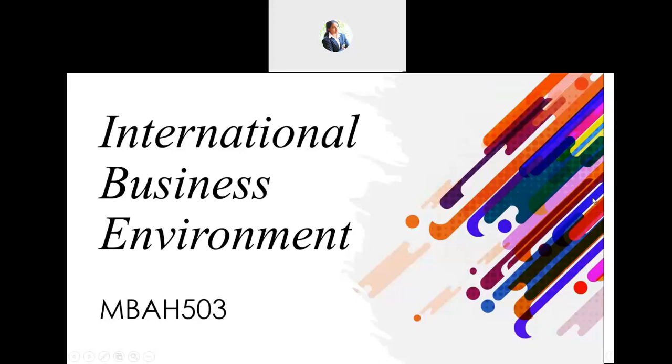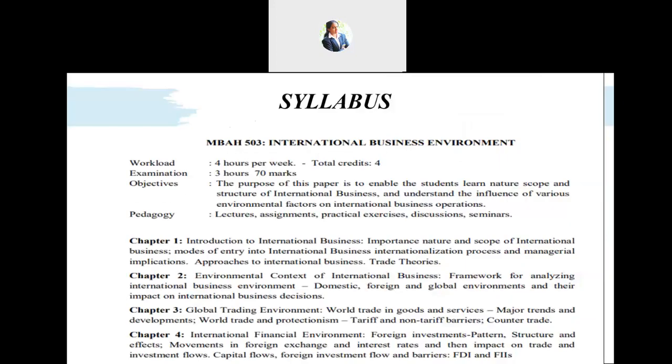Now, speaking about your international business environment, you'll be having 8 different chapters, wherein in the first chapter, you will be studying all about the basics of business environment, and you'll also try to understand why it is necessary to know the environment in which our business would be set up.